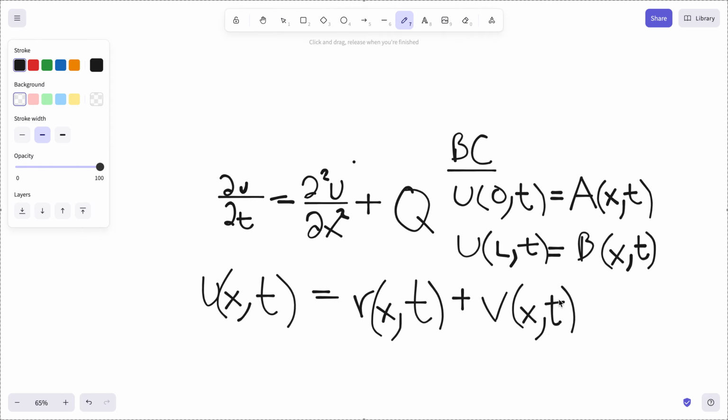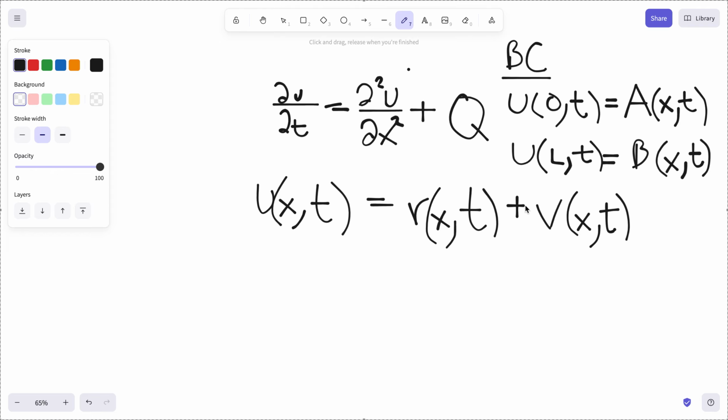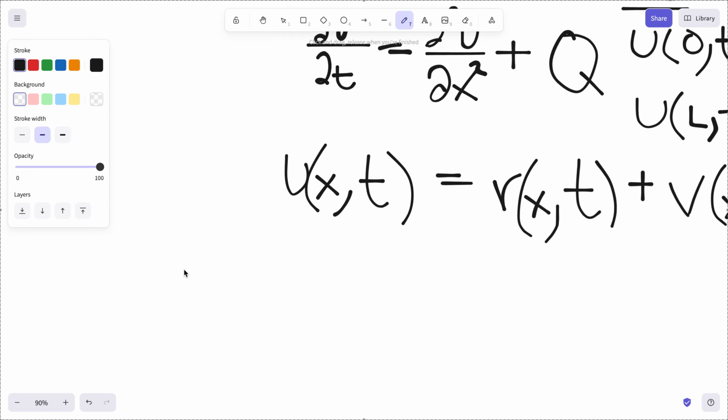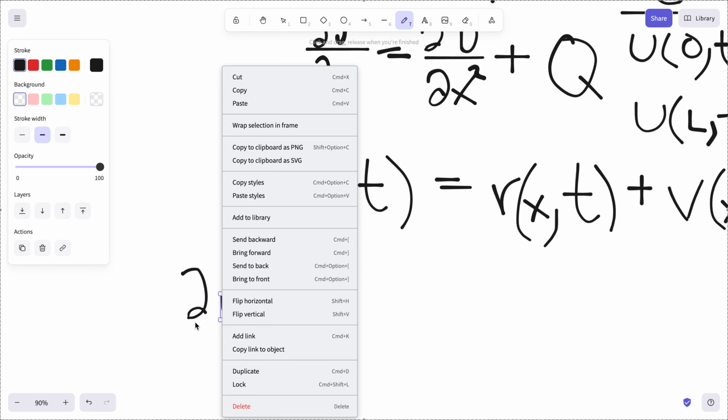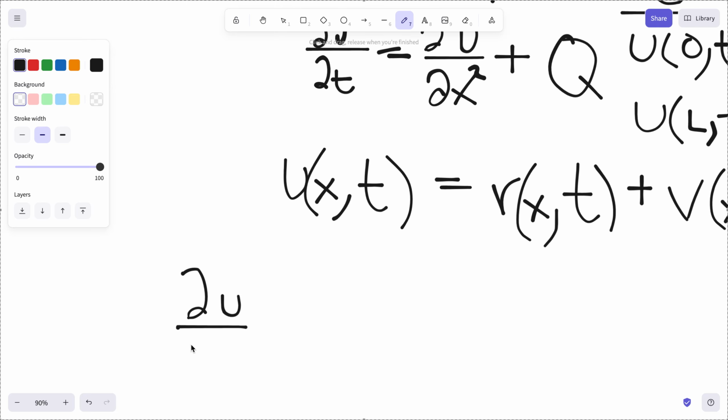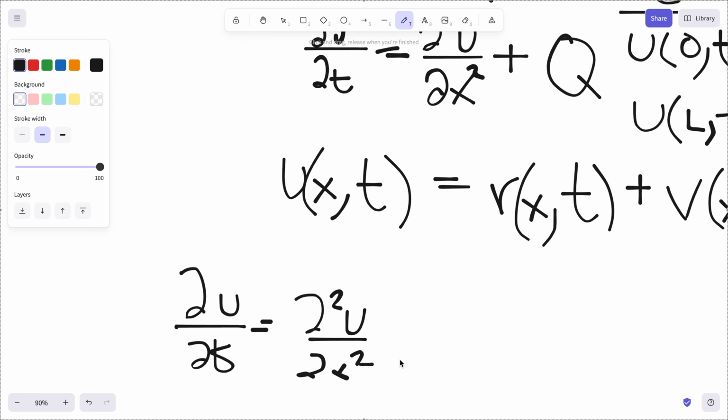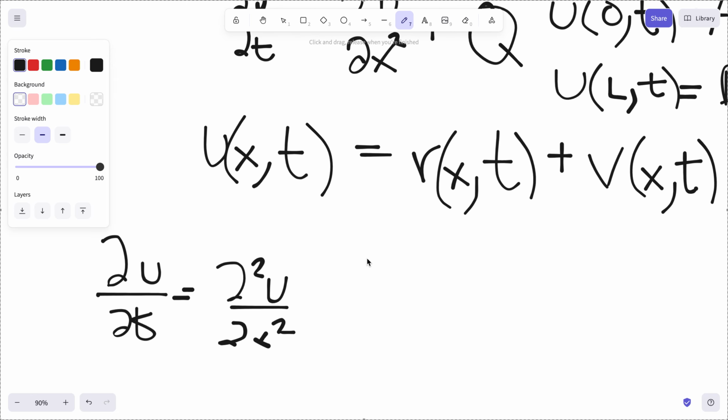Okay, so to understand how to do this, we're going to do it in cases, starting with the simplest case where we have still a homogeneous differential equation, partial u over partial t equals partial squared u over partial x squared, but inhomogeneous boundary conditions.